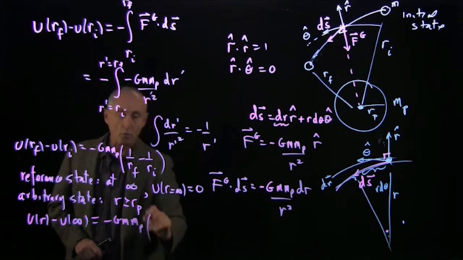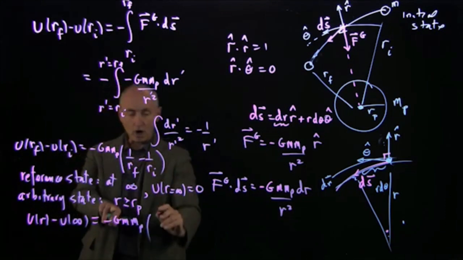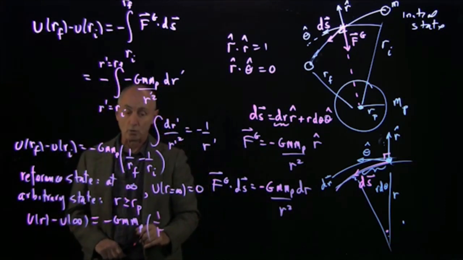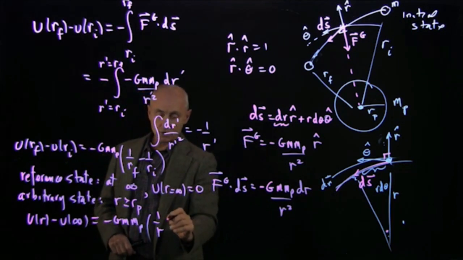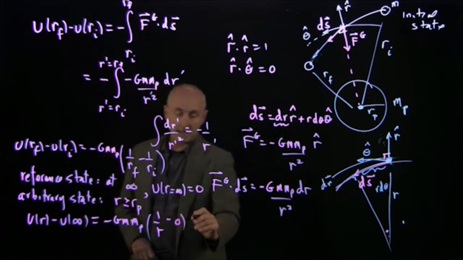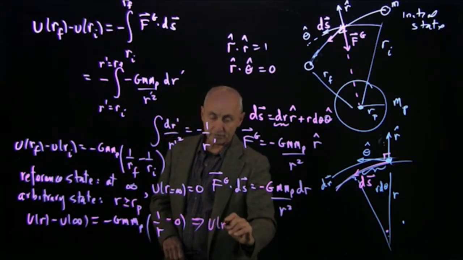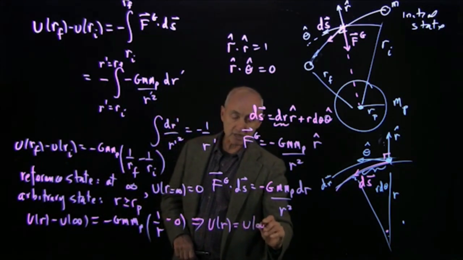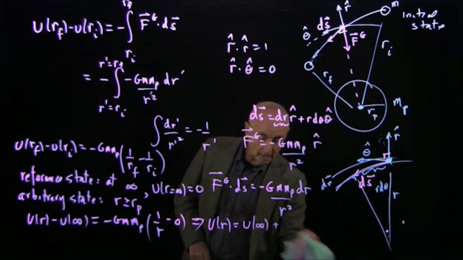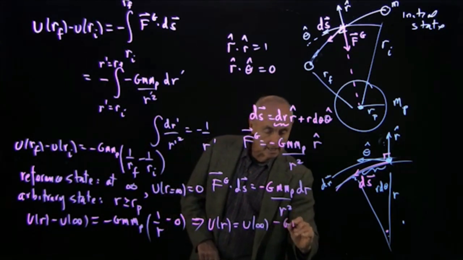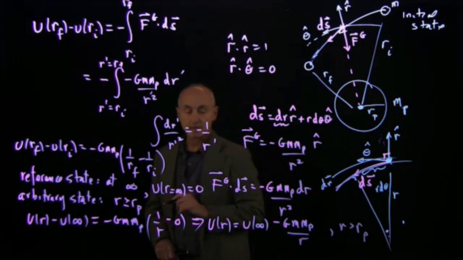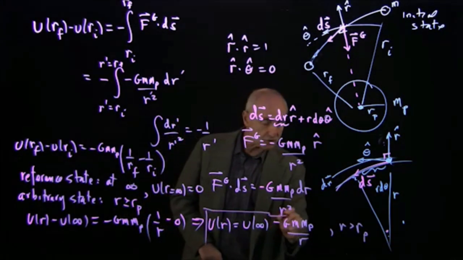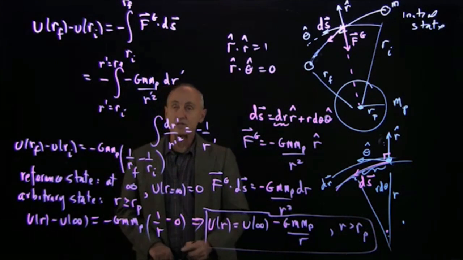And here's the reason why we choose that reference point. 1 over our arbitrary state gives minus 1 over r. But 1 over infinity, if we use the initial state as the reference point, 1 over infinity is 0, so that's minus 0. And so what we get is that the potential function is equal to our reference potential plus, actually minus, G m mass of the planet over r for r bigger than the planet's radius. And that is the potential function for the gravitational problem.